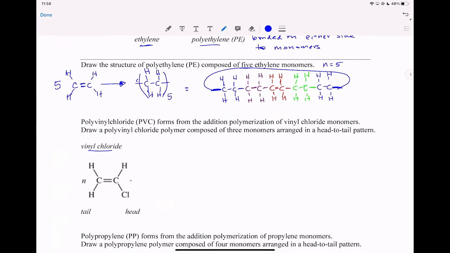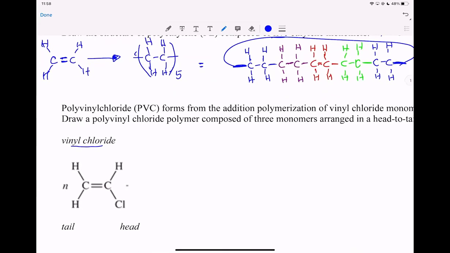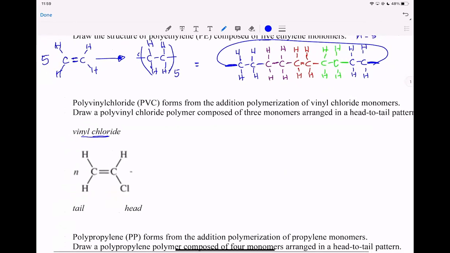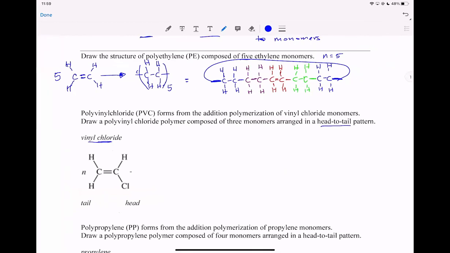So here's the vinyl chloride monomer, and this is not symmetrical. So you need to assign one side of it as the head and the other side as the tail. It doesn't matter which one, but you just have to decide which is the head and which is the tail. When you are given the pattern, you need to figure out which is going where.